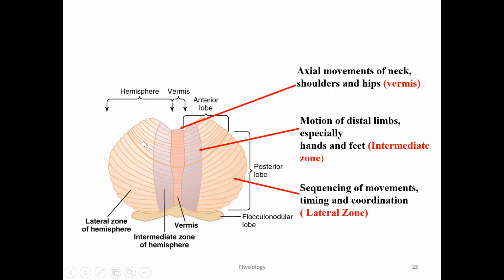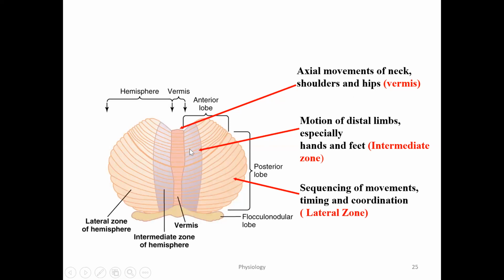So this is the vermis, this is the intermediate zone, this is the lateral zone. The lateral zone is mainly for the connection with the cortex, and that's why it is mainly involved in sequential movement, timing and coordination. This is again for MCQ purpose. This diagram is very important. The lateral zone is mainly for sequencing of movements, timing and coordination, while the vermis is mainly important for axial movements of neck, shoulder, and hips.